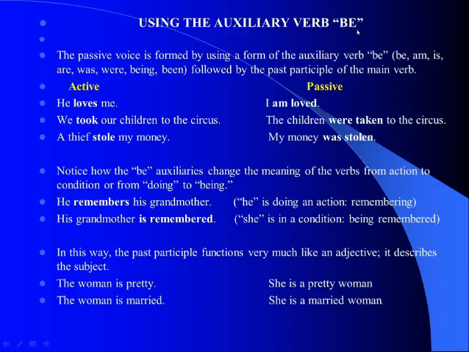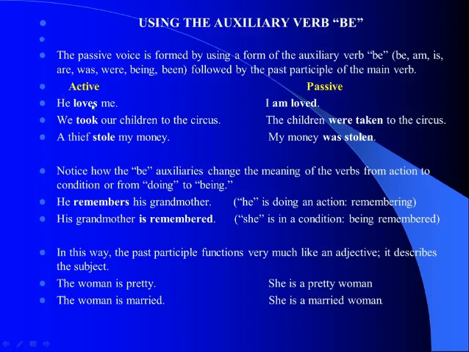From be it is deriving is, are, was, were, being, been, and be. Everything is derived from the word be. Everything originated from the word be. So be is the word from which all other auxiliary verbs have been derived. Okay, here are some examples.